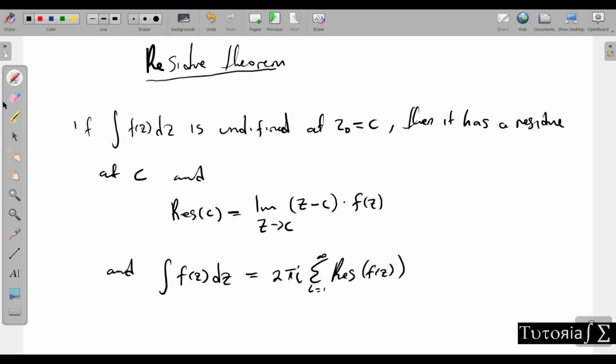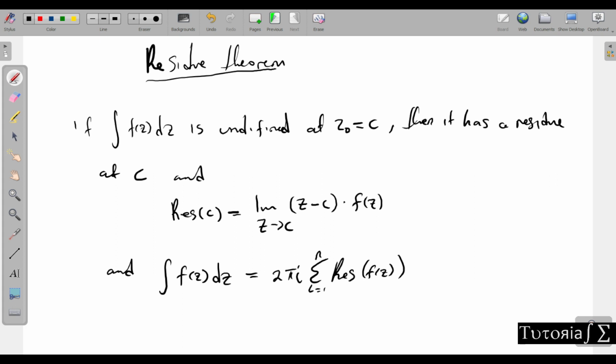Yes, it has to be finite, so in this case we are just doing from 1 to n. So this is the residue theorem.